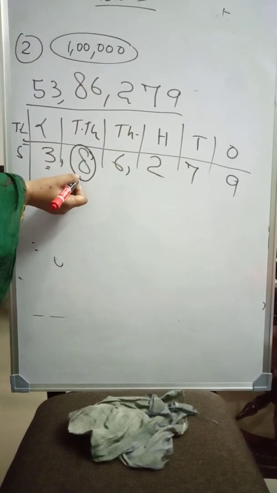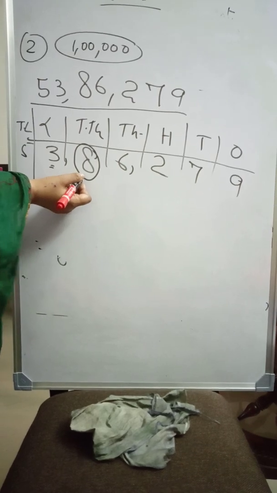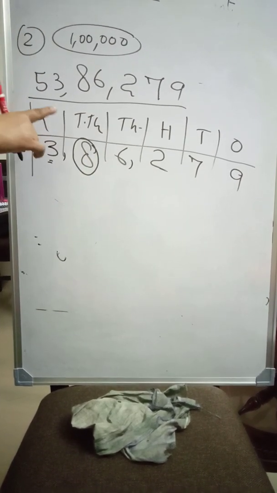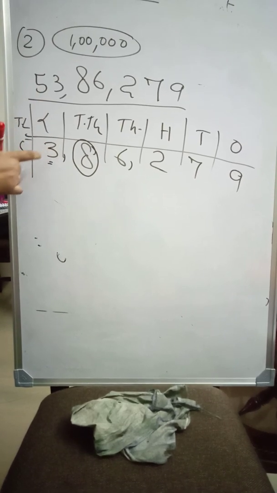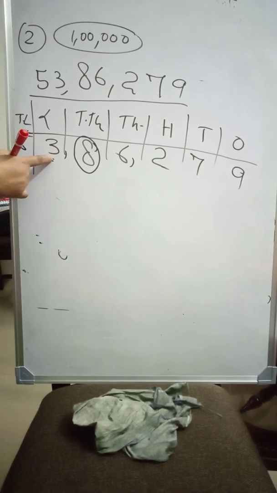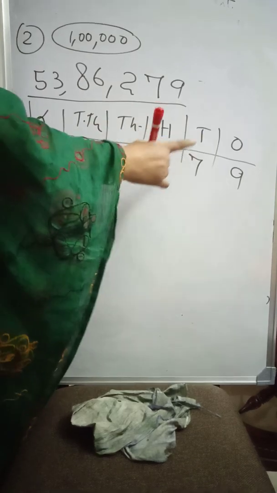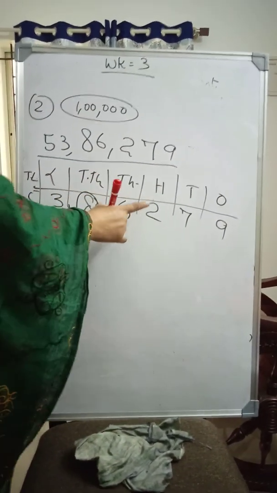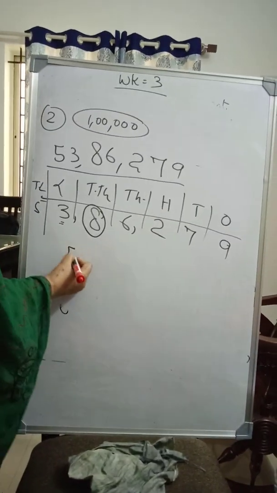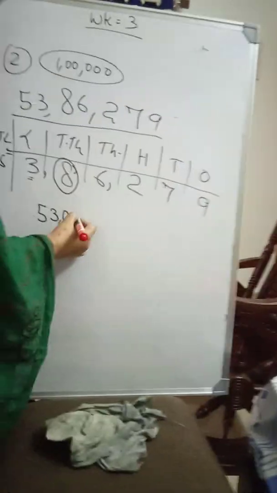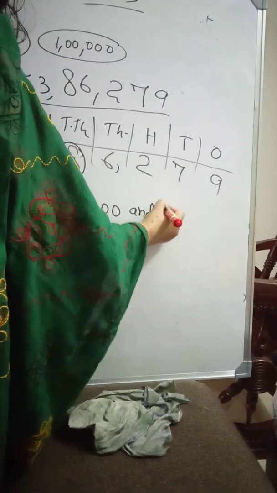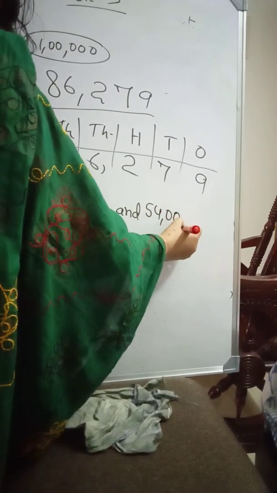So when the digit at the 10,000 place is 8, we have to round off to the nearest multiple of 1 lakh, which should be more than 53 lakh 86,279. Now this 53 lakh 86,279 जो है वो किसके बीच में है? 53 lakh और 54 lakhs के बीच में है. करेक्ट?